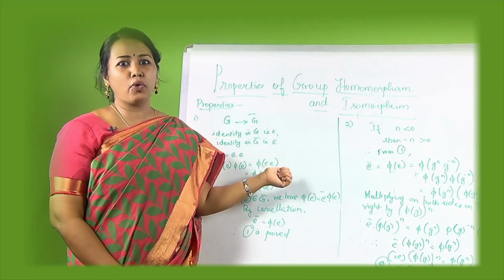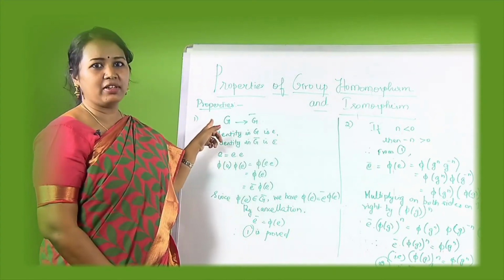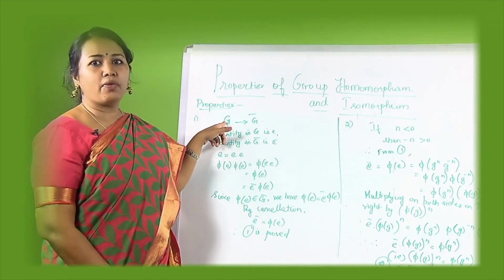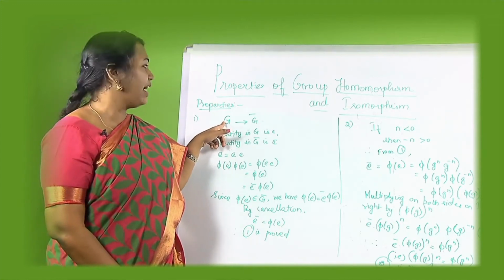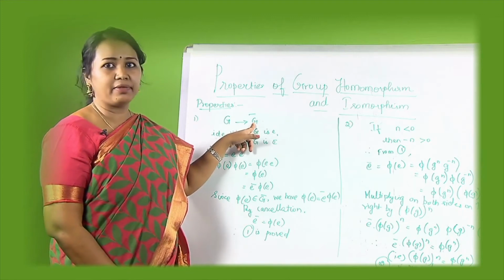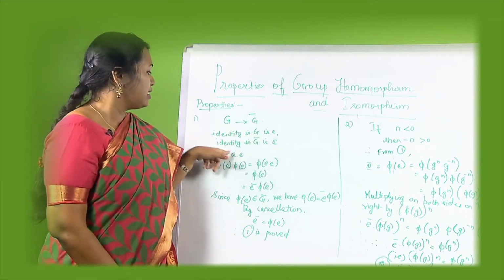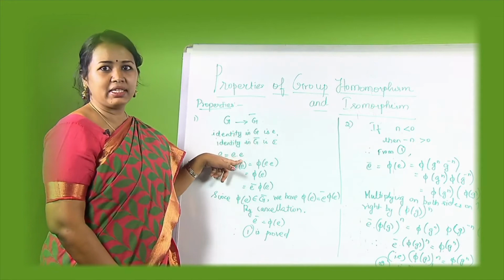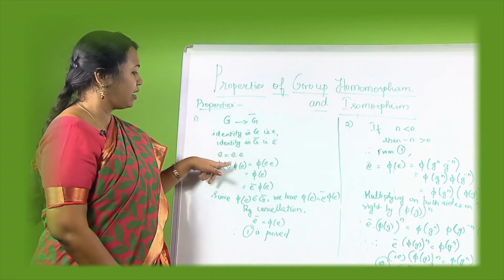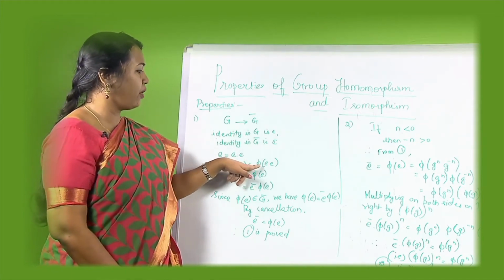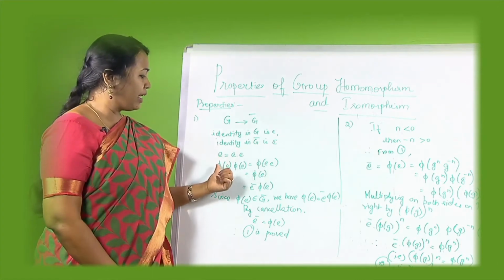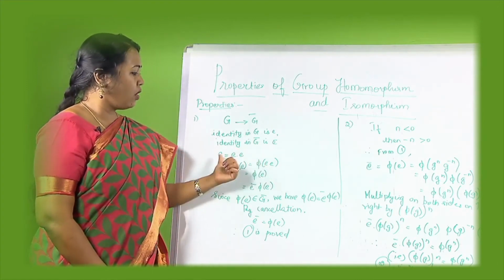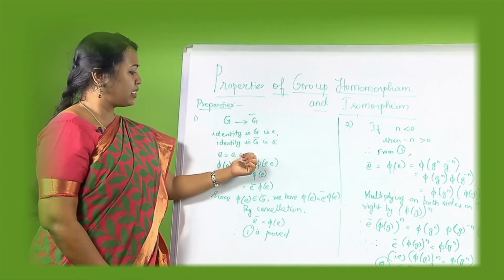Now, let us see the proof of the first property. Let us denote the identity of G by e and the identity in G bar by e bar. Then we know that since e is equal to e times e, we apply the phi function on this expression.